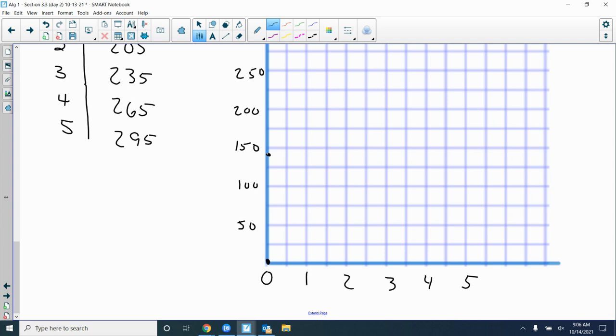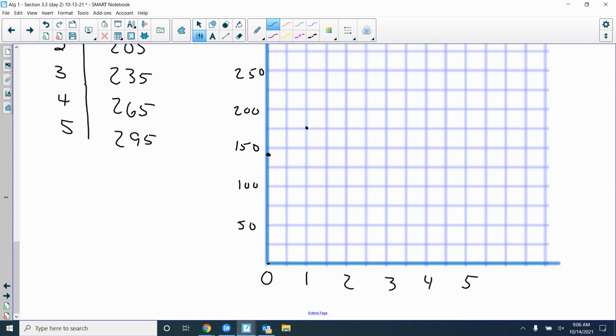So right here, almost 150. Then what about the first bag? 175. Here's 150, and 175 would be about halfway between, right here.